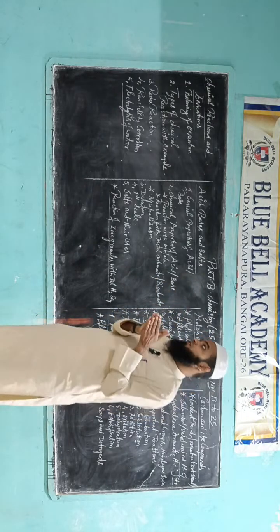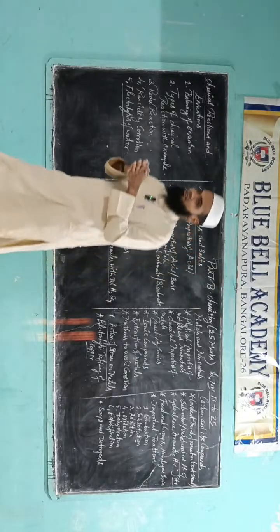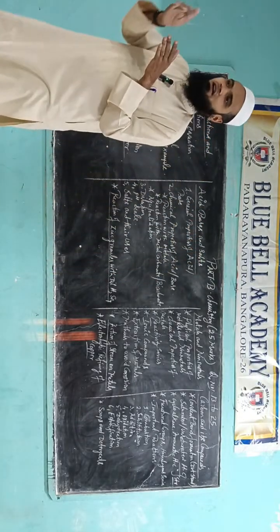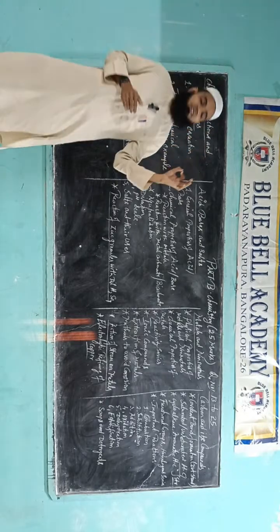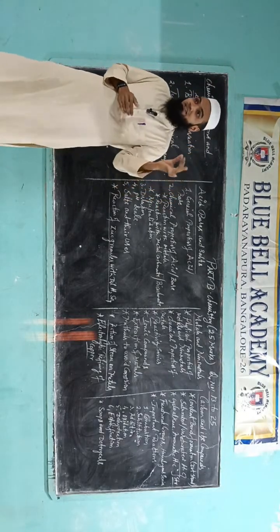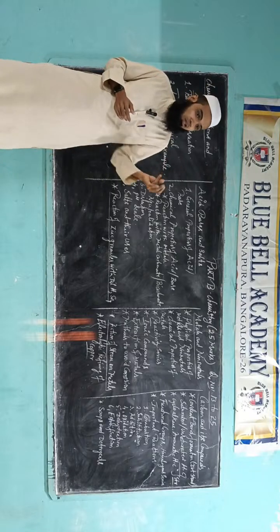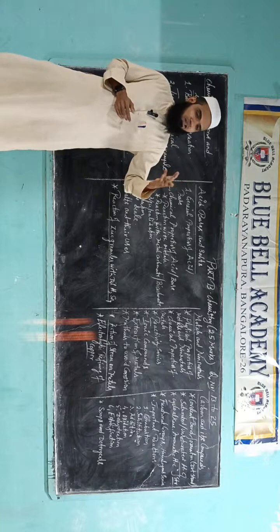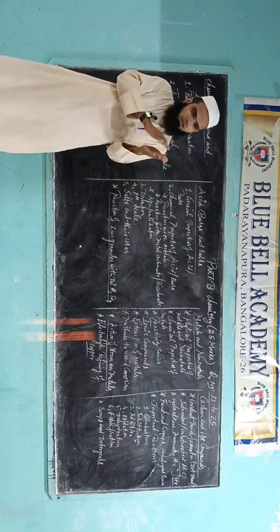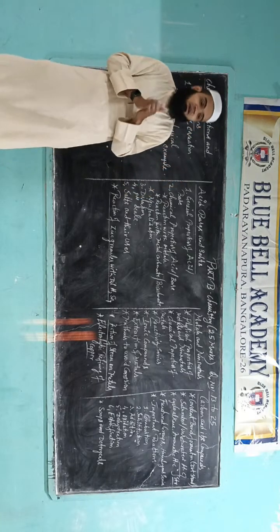Then the third type of chemical reaction we have is displacement. So in displacement, there are so many examples. In that, a copper sulfate equation is to be remembered, a zinc sulfate equation is to be remembered, and lead nitrate, Pb(NO3)2. That equation is also an example for the displacement reaction.